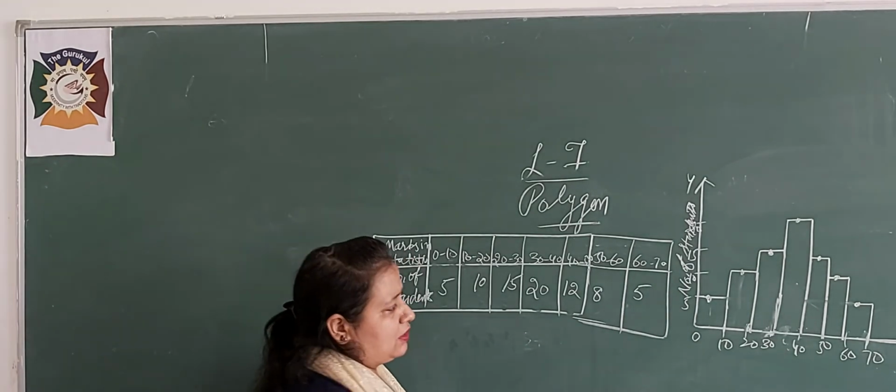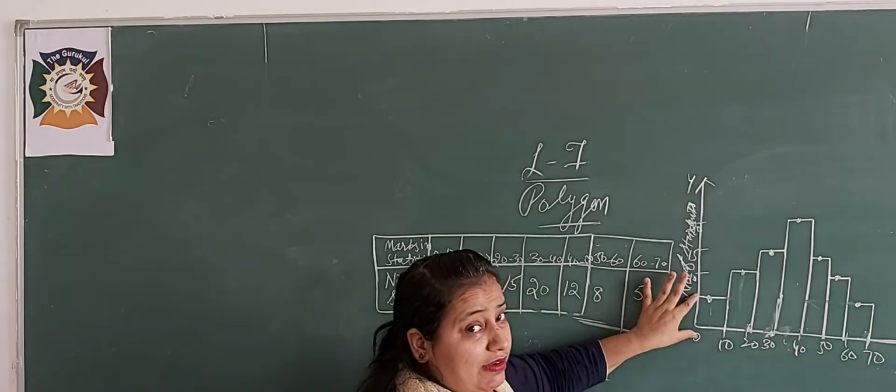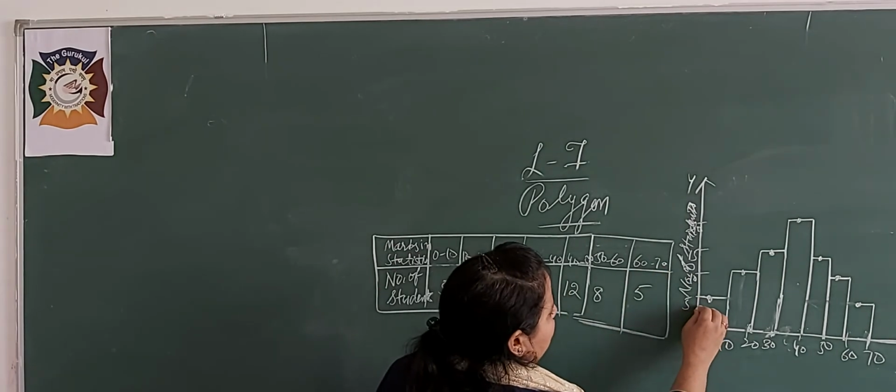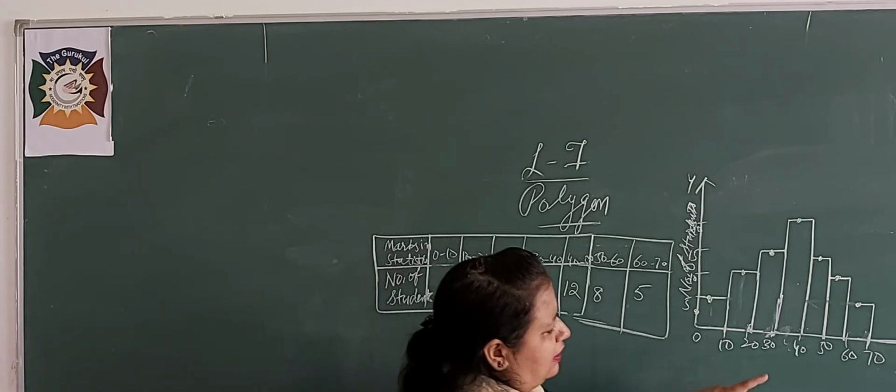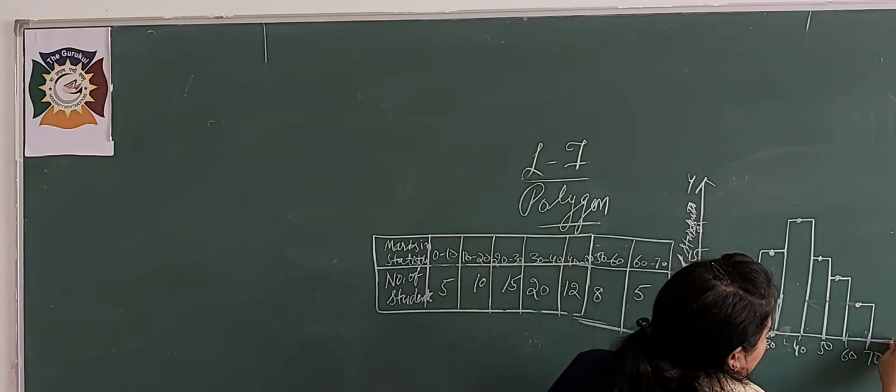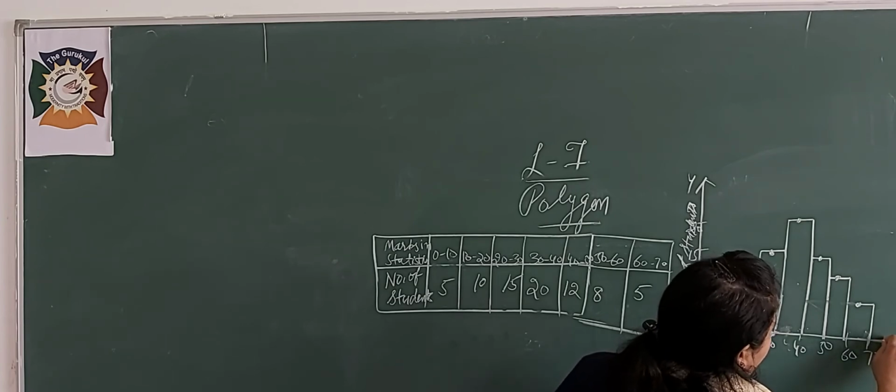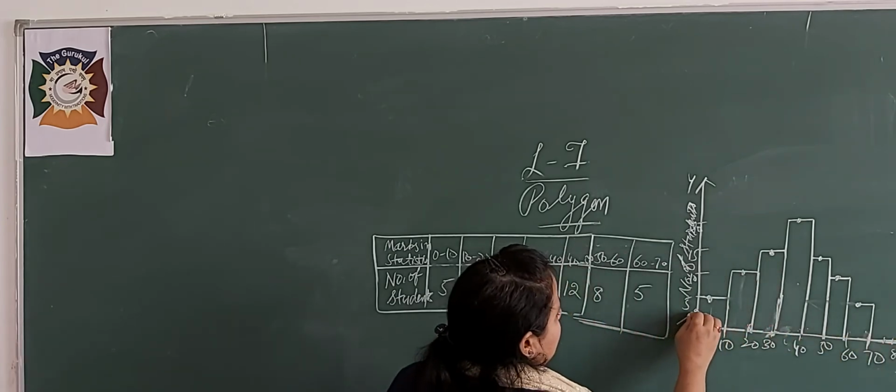Accordingly we shall make it. 0 to 5 is given, I will take the midpoint of 0 to 5, and 70 is there, I will take an imaginary 80, and it will be the midpoint. So I will start it like this.